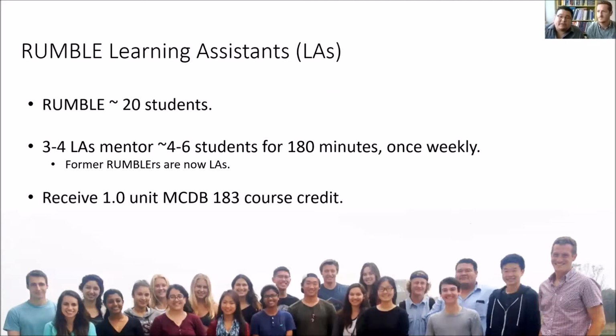And the people next to Mike on the other side of the picture were 2 students of that cohort. But now those 2 students are actually our LAs for Rumble. So again, this self-replicating cycle of LAs coming back to mentor other students from the classes that they participated in. It's true for Rumble as well.